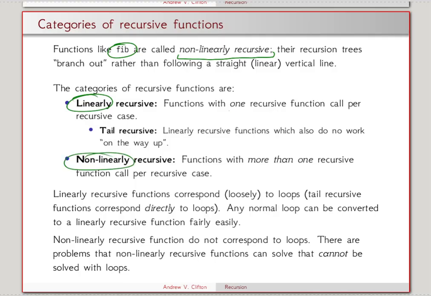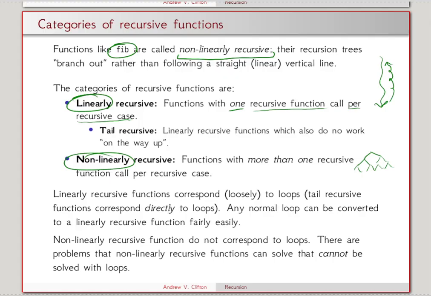A function with one recursive function call per recursive case is linearly recursive. It's going to look like a straight line down, and then maybe some stuff happens on the way up. Non-linearly recursive is going to branch out, right? It's going to fan out as we work our way down, because each recursive call is going to split into more than one thing, and then those are going to split into more than one thing, so it branches out like that.